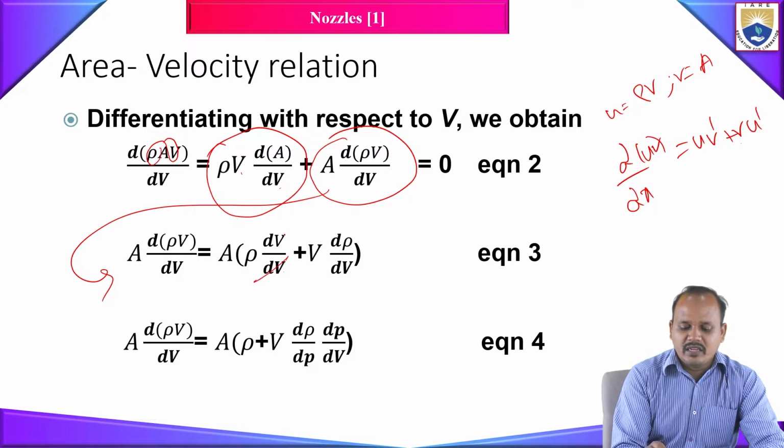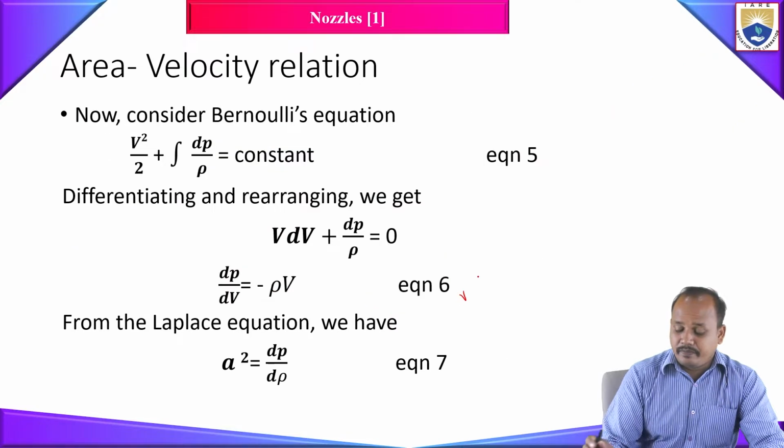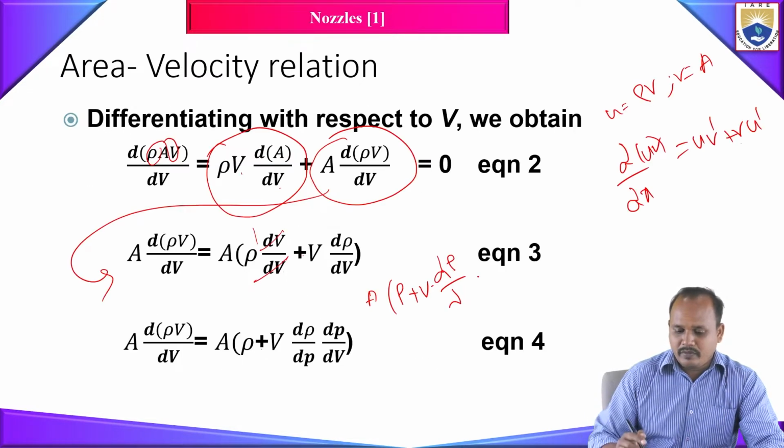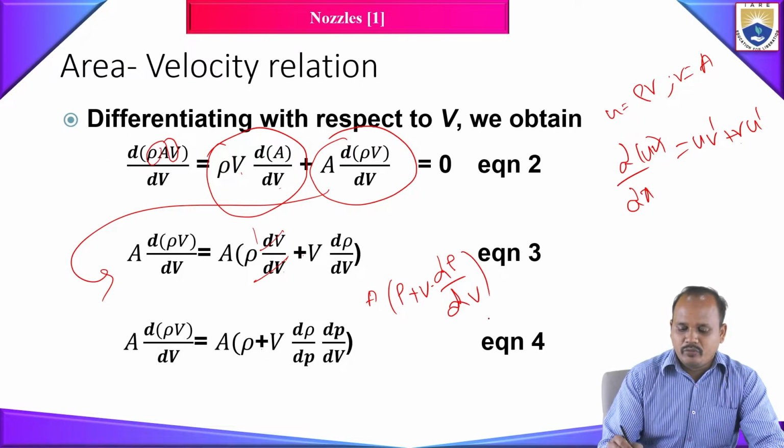Here dv by dv will become 1. So A into the differentiation of rho v with respect to v is equal to A into rho plus v into d rho by dv.